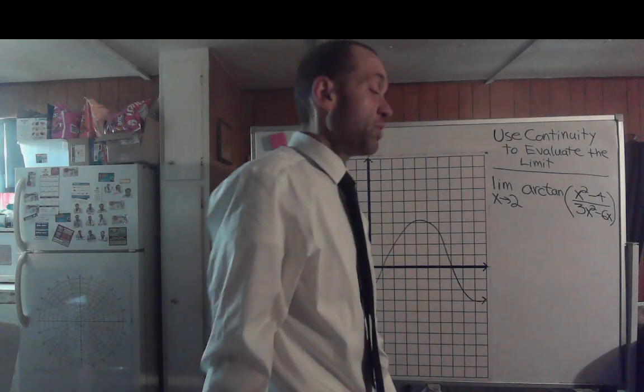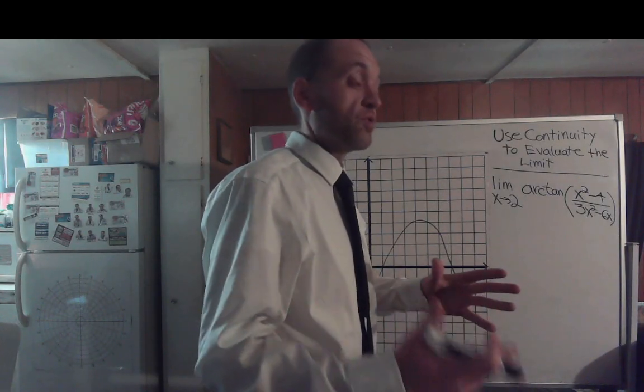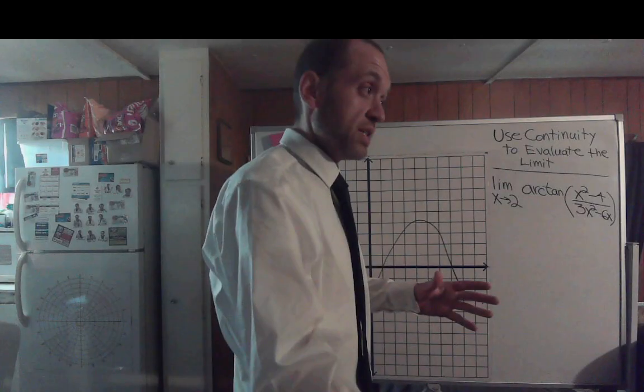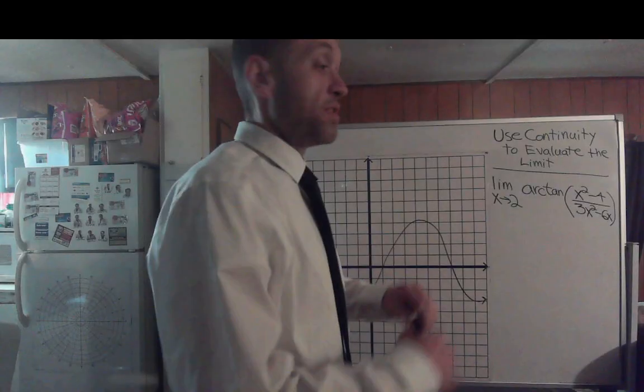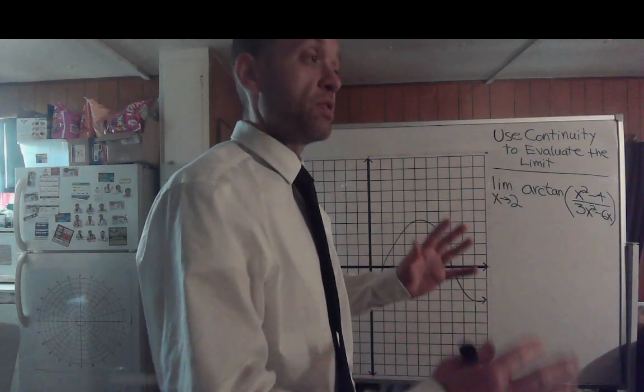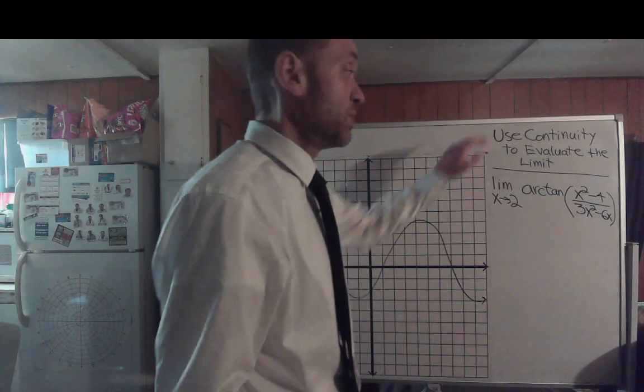Well, it's not always direct substitution that we use. We can also use factoring, which would then enable us to use substitution, or you can use the conjugate method. The three methods that we learn to evaluate limits are based on using continuity to evaluate the limit.